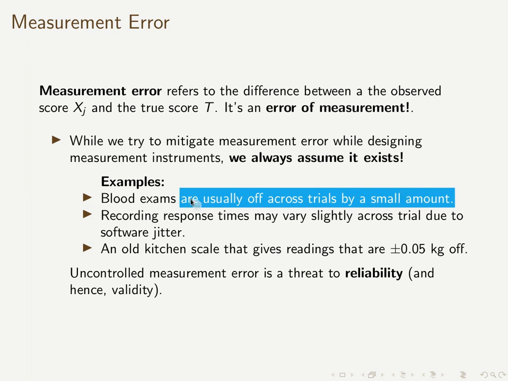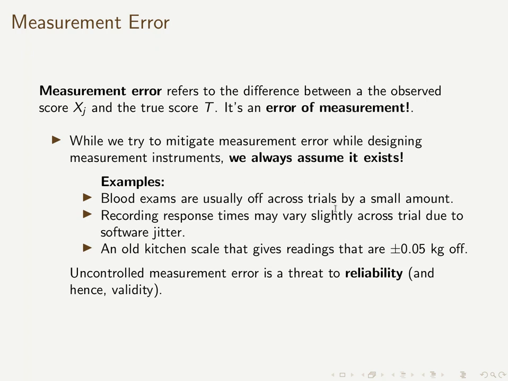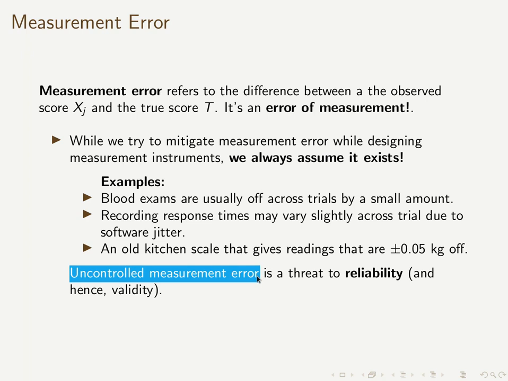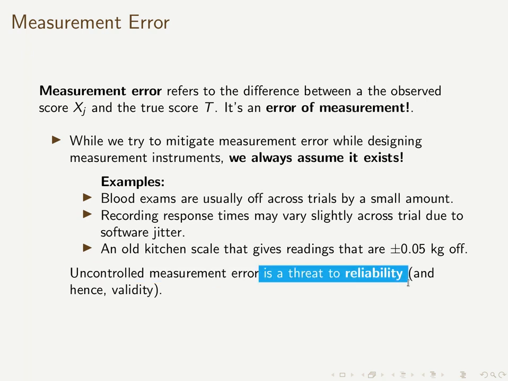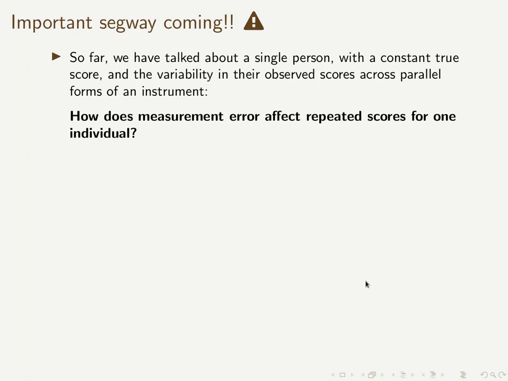We don't expect to have the exact same reading every time we get it. There's always some level of variation that captures this measurement error. And here we have some other examples. However, we do try to control as best as we can for this measurement error, because otherwise this compromises the reliability of our instrument. And we'll talk about this more in a second.